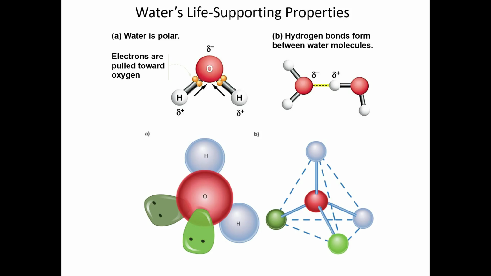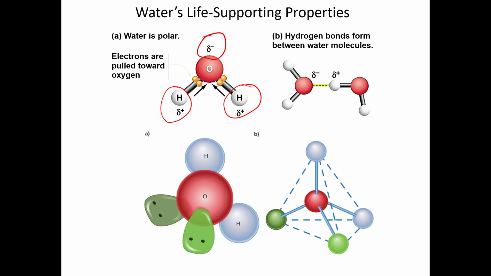Notice that looking at one end of the water molecule, you have the oxygen atom, which is more highly electronegative. So the electrons are pulled towards the oxygen atom, which has a stronger attraction for those electrons. Your hydrogen atoms end up with a partial positive charge.